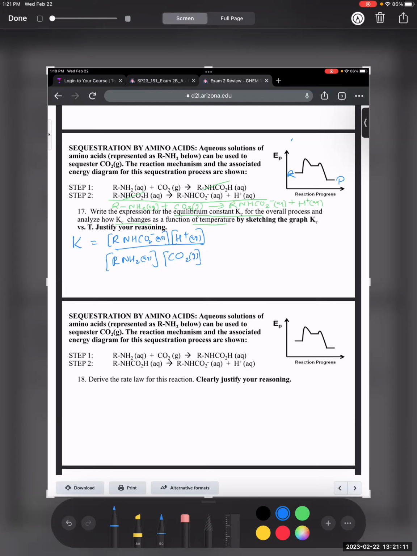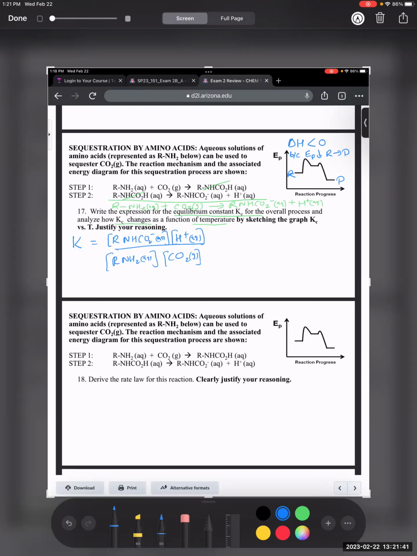So delta H is negative because potential energy decreases when you go from reactants to products. Okay, so that justifies delta H, and then delta S is the change in entropy.